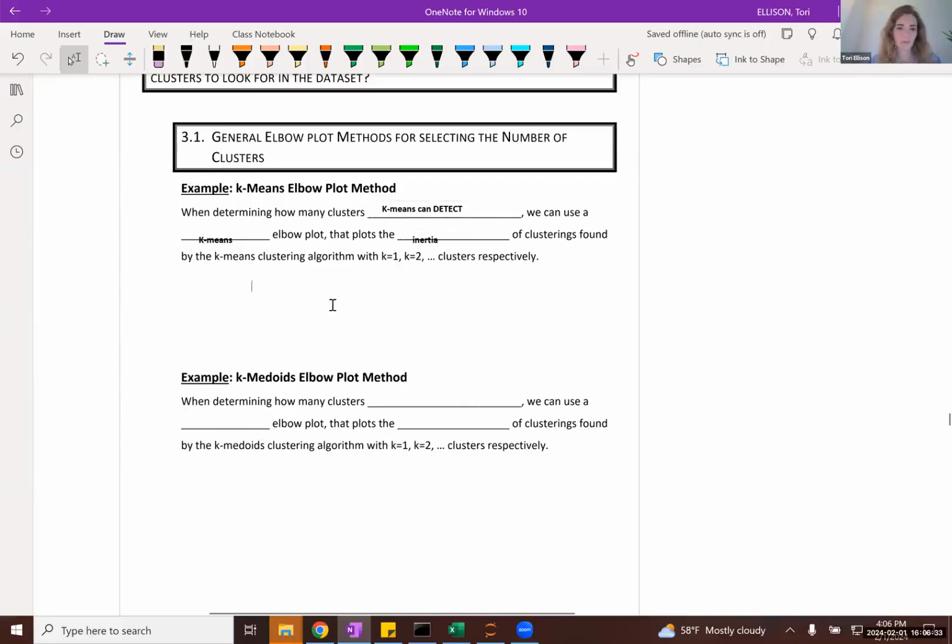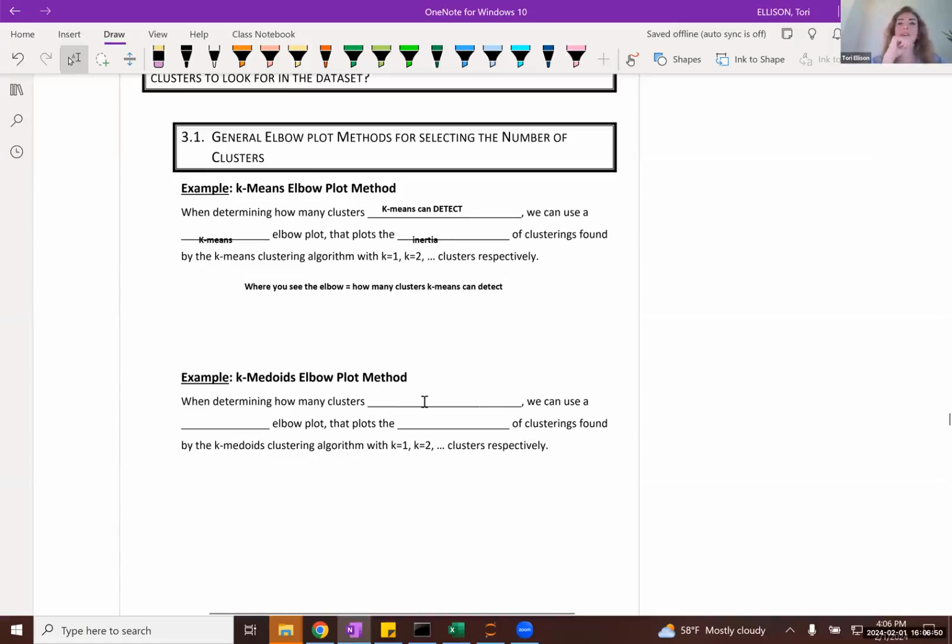And generally speaking, where you see the elbow is roughly equal to how many clusters k-means can detect.